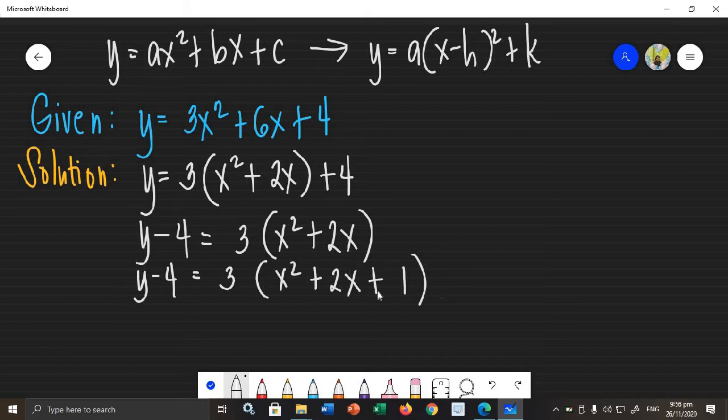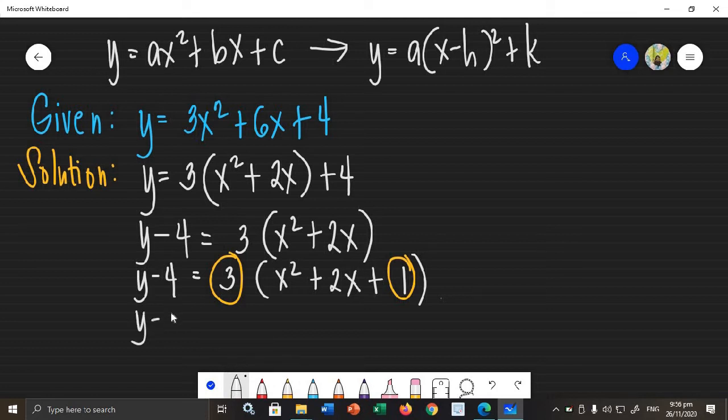But in this given, it is different. Because your a now has a value, which is 3. Therefore, the number that you found that completes the square, which is 1, you need to multiply it by 3. Then, that is what you add on the left side of the equation. So, 1 times 3, the answer is 3.